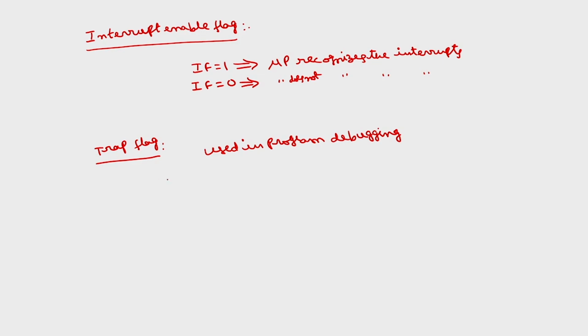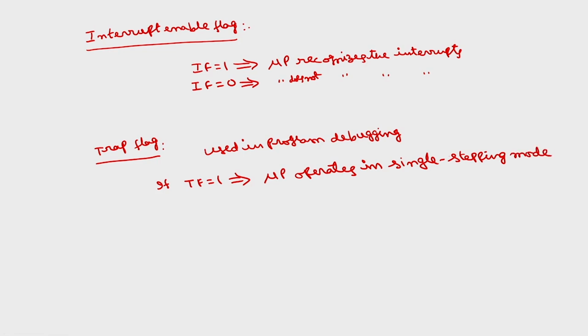So, if the trap flag is set to 1 by the programmer, the microprocessor enters into single stepping mode. The microprocessor operates in single stepping mode. That is, after each instruction is executed, the microprocessor will be interrupted.